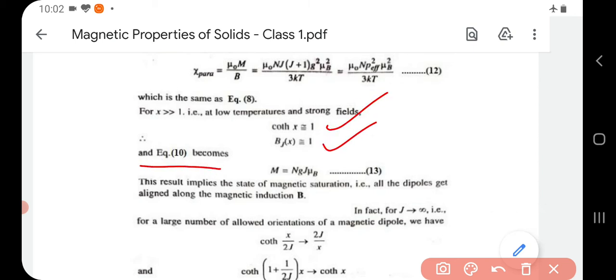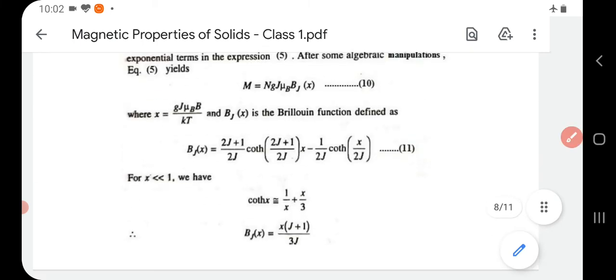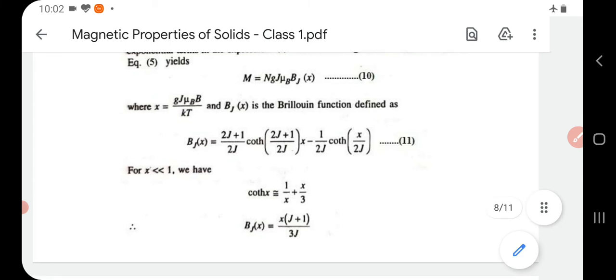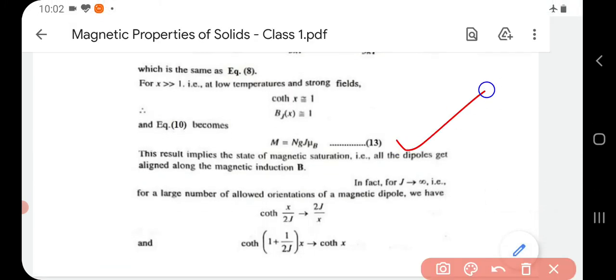Then your equation 10 will become, what was your equation 10? M is equal to n g j mu B B_J(x). Now B_J(x) is 1. So your equation 10 will now become M is equal to n g j mu B. See, that is equation 13. This result implies the state of magnetic saturation, which means all dipoles will be aligned in the direction of the applied magnetic field B.